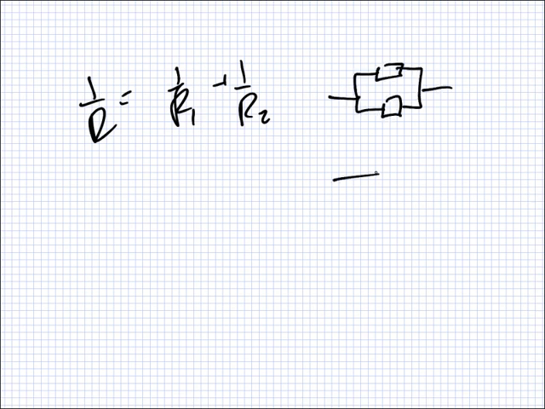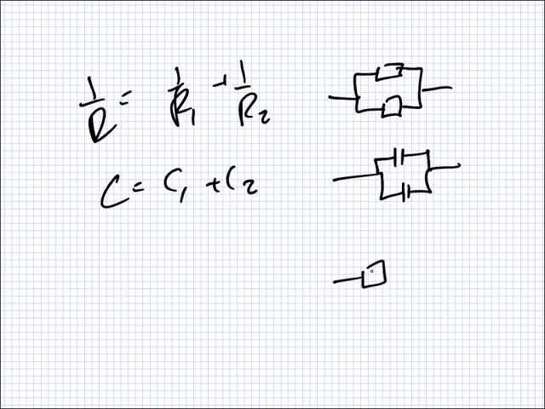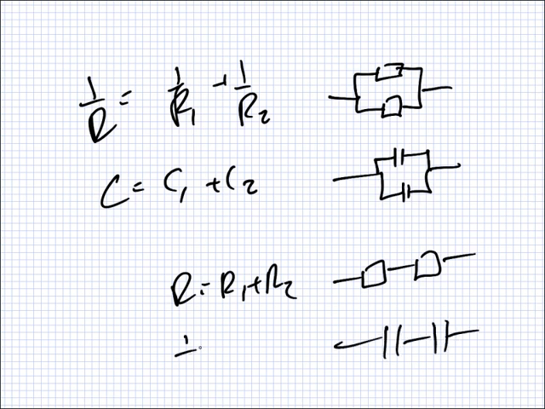For capacitors like this, it's different: C equals C1 plus C2. And when resistors are like this, it's R equals R1 plus R2. And for capacitors like this, it's 1 over C equals 1 over C1 plus 1 over C2. So don't mix them, please.